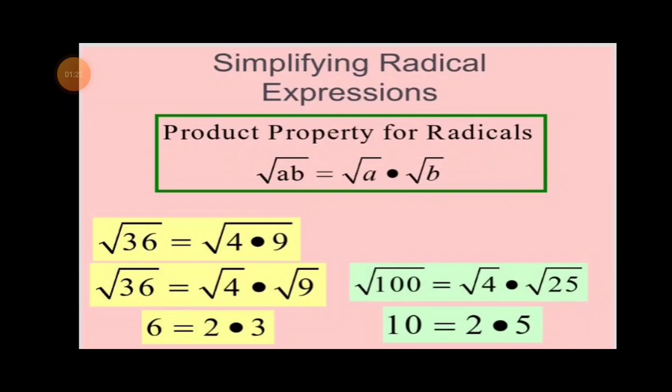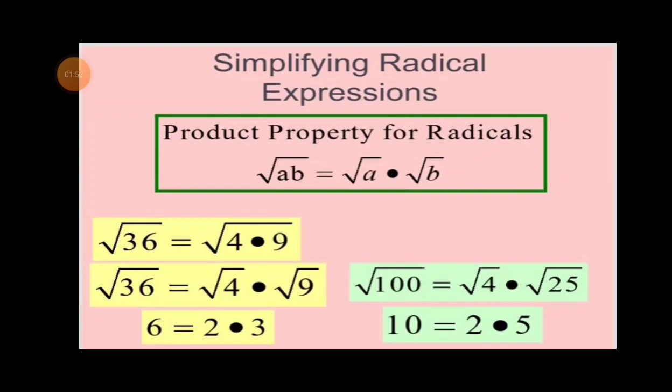Next example. The square root of 100 is equal to the square root of 4 times 25. Using the formula, we have the square root of 100 is equal to the square root of 4 times the square root of 25. Then, take the square root of all numbers.